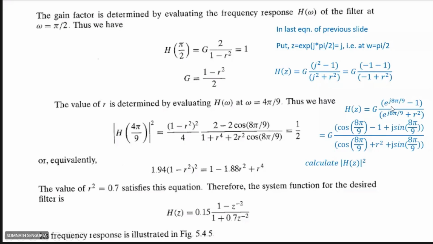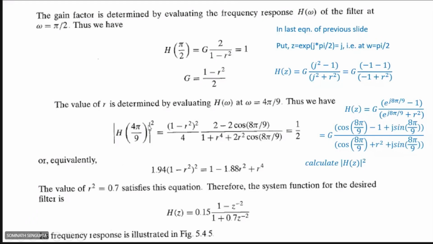Now splitting into real and imaginary parts and combining, you get this expression. After this, if you calculate the magnitude of H(z) square of this equation, you have to calculate the root of real part square plus imaginary part square in both numerator and denominator.